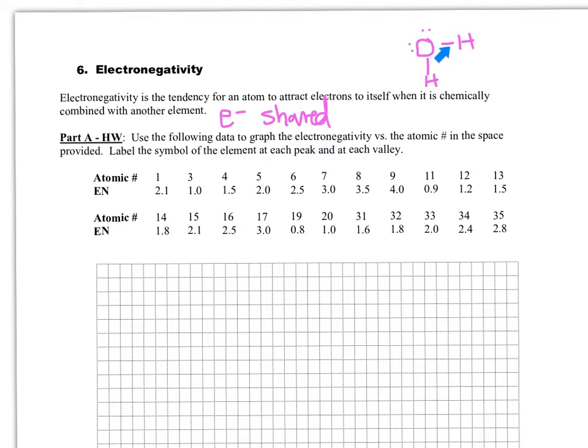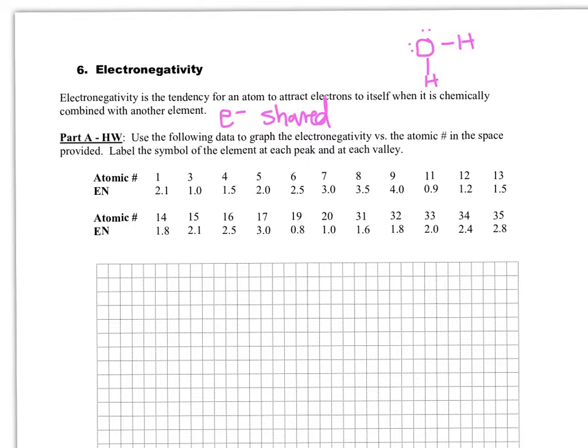So they are sharing, but it's unequal sharing because both of these atoms have different tendencies to attract electrons to themselves when they're bonded. The oxygen is more electronegative, meaning it has a higher tendency to attract those electrons to itself, compared to the hydrogen, which is less electronegative. It doesn't have as much tendency to pull those electrons towards it.